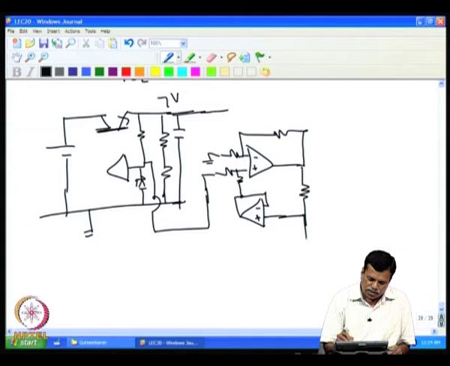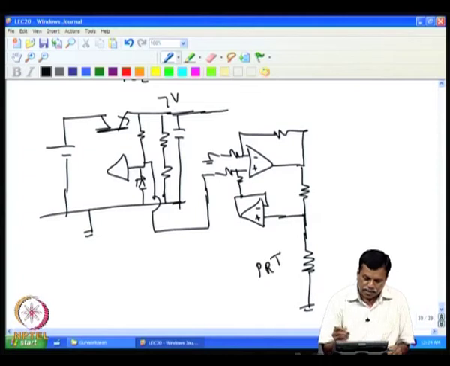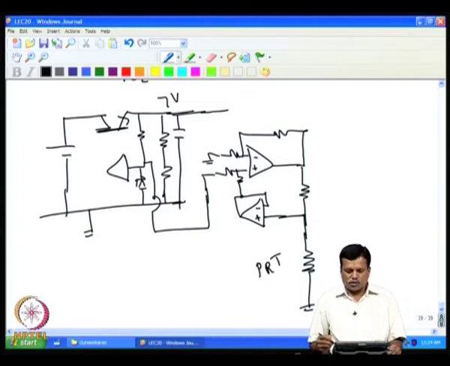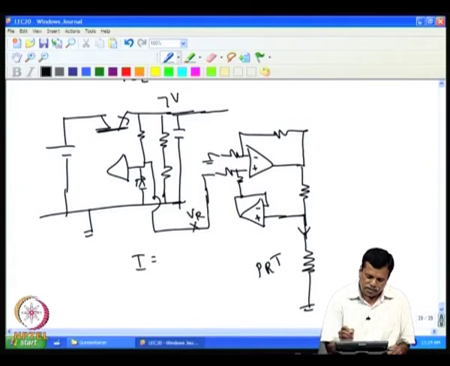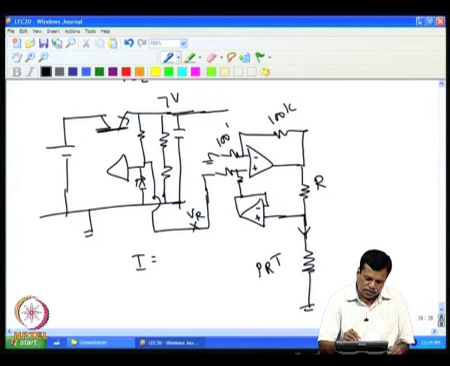So, this current source output is supposed to be connected to the PRT, the platinum resistance thermometer, that is to be connected here. So, the current in this, I, is given by, if this is V reference and this is R, and we have these 4 resistances equal, say 100K and then 100K, all 4 must be equal.